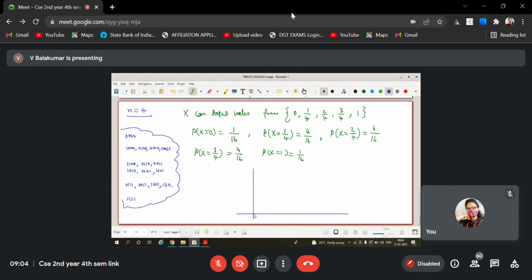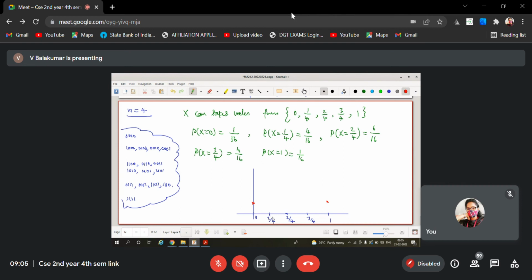What are the numbers? The numbers are 0, 1 by 4, 2 by 4, 3 by 4, 4 by 4. These are the numbers. If we look at the probability for 0, it is 1 by 16. For 1 also it is 1 by 16.